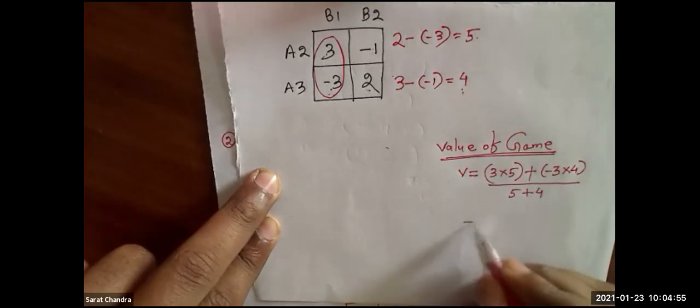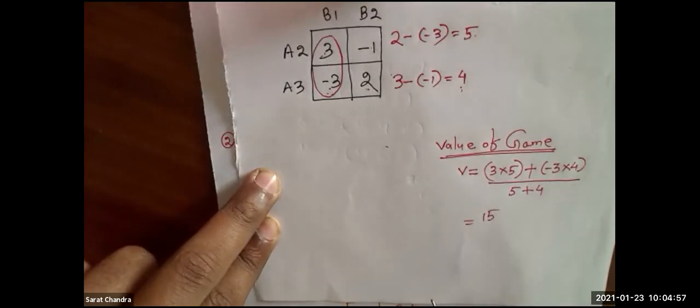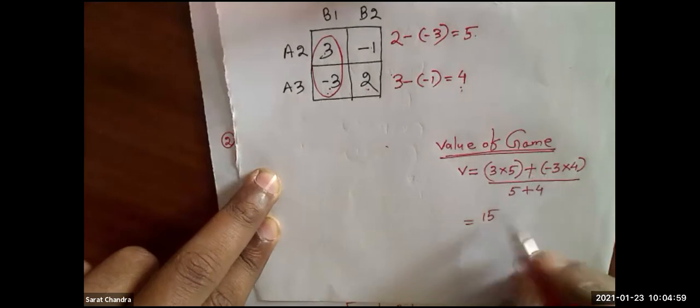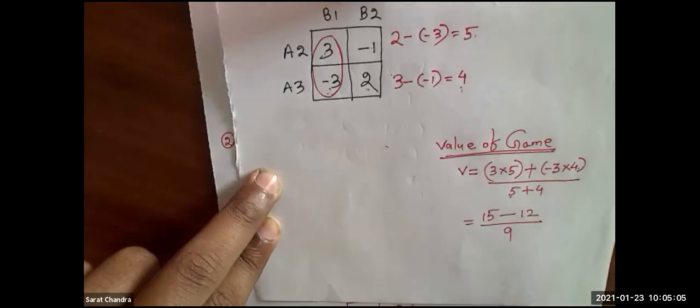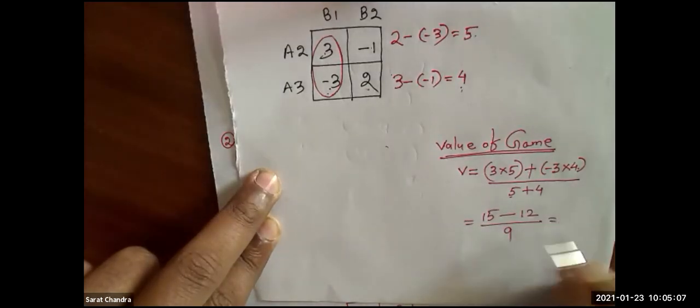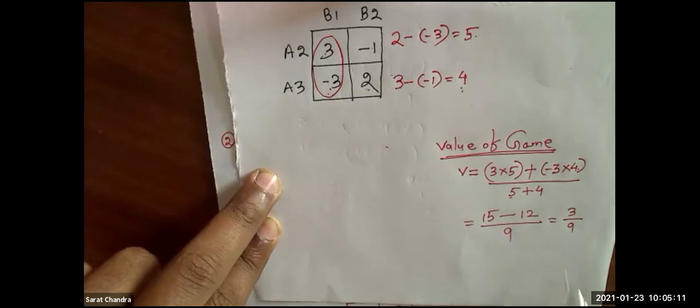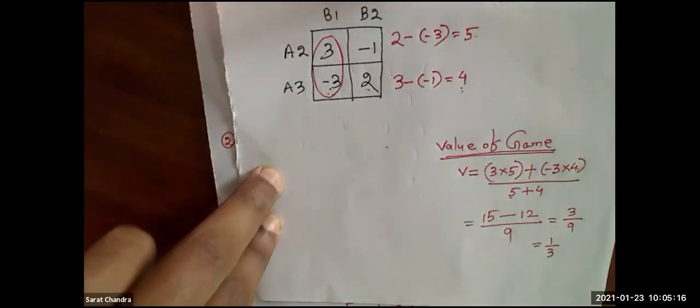So 3 into 5 is 15, plus minus will be minus, 3 into 4 is 12, divided by 5 plus 4 which is 9. So 15 minus 12 is 3, divided by 9. And 3 divided by 9 is nothing but 1 by 3. Clear?